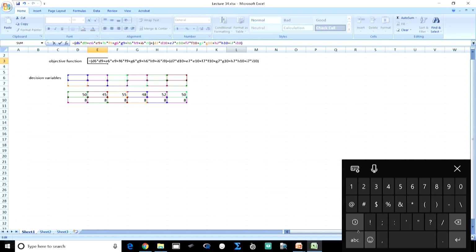So this becomes your formula for calculation of the value of your objective function.